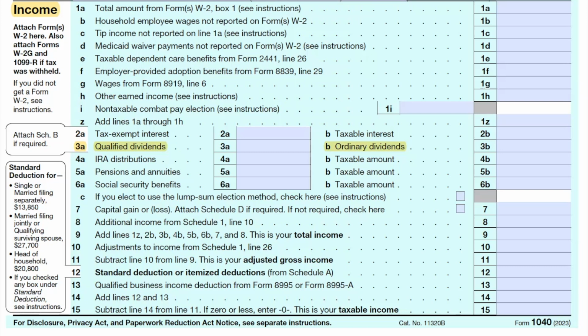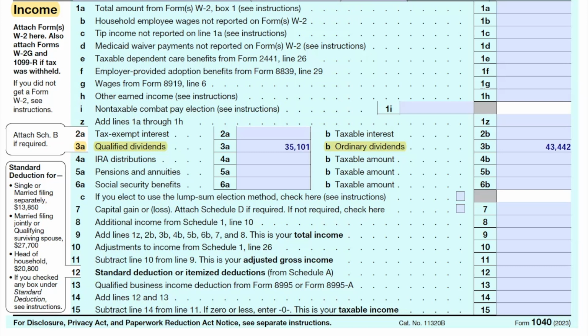Commonly misunderstood, your ordinary dividends include your combined qualified and non-qualified dividends. As we learned during the taxable brokerage account lesson, qualified dividends are taxed at a lower capital gains tax rate, 0%, 15%, or 20%. In contrast, non-qualified dividends are taxed at the ordinary income tax rates, 10%, 12%, 22%, 24%, and so on.